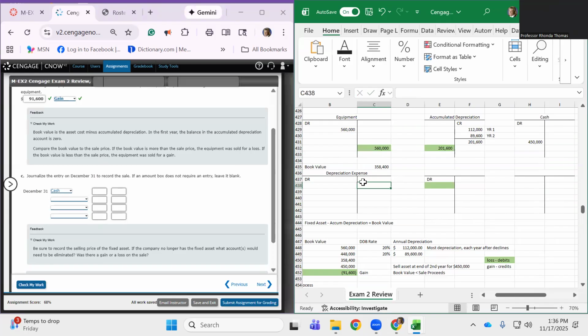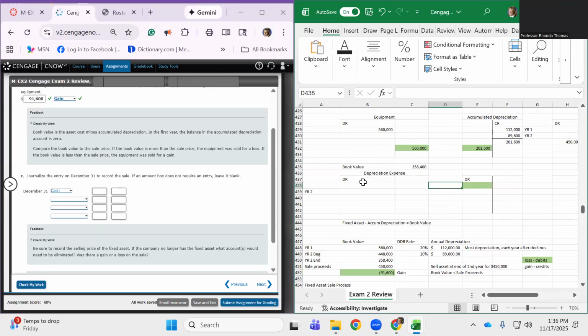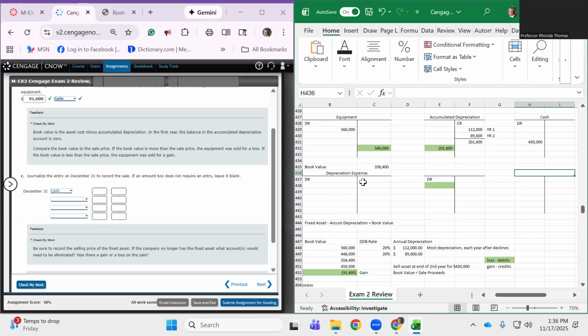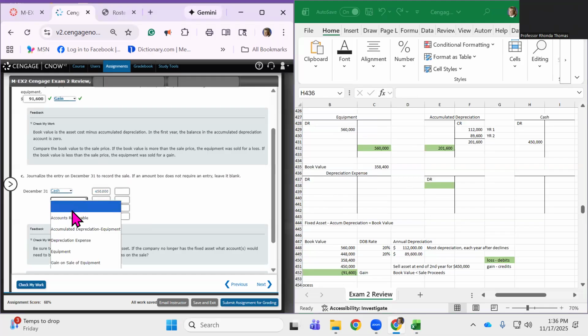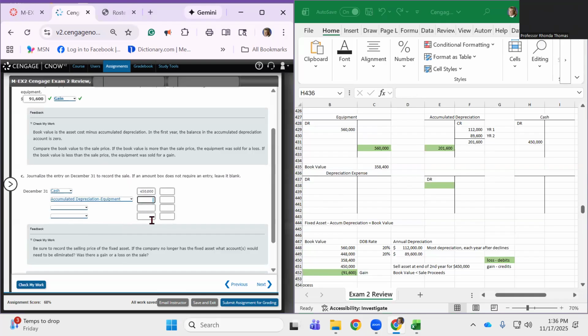And then the gain on the sale. I'm going to put that over here. So let's put in cash of 450,000. To get rid of the accumulated depreciation, you have to debit it for its total. Then you credit the account that has the equipment in it for however much is in there.